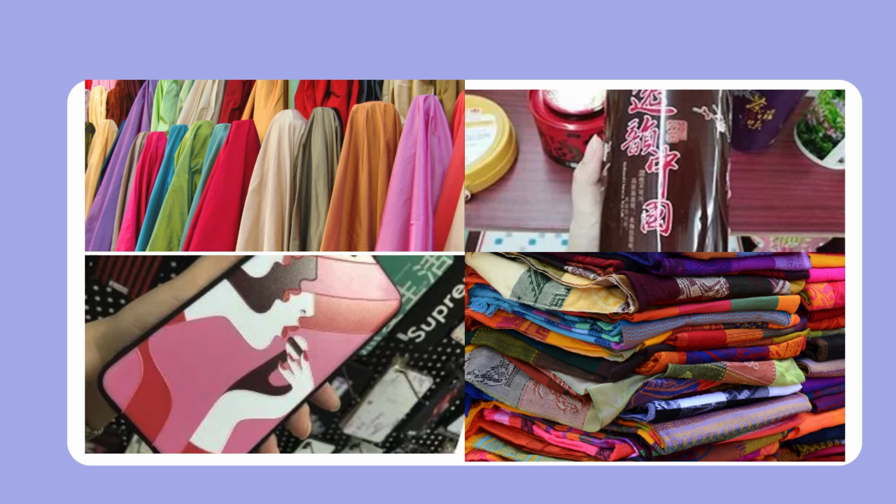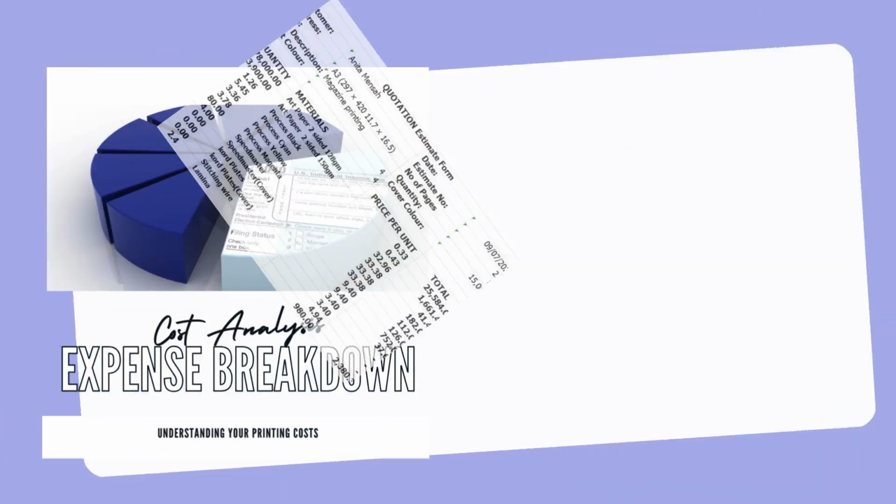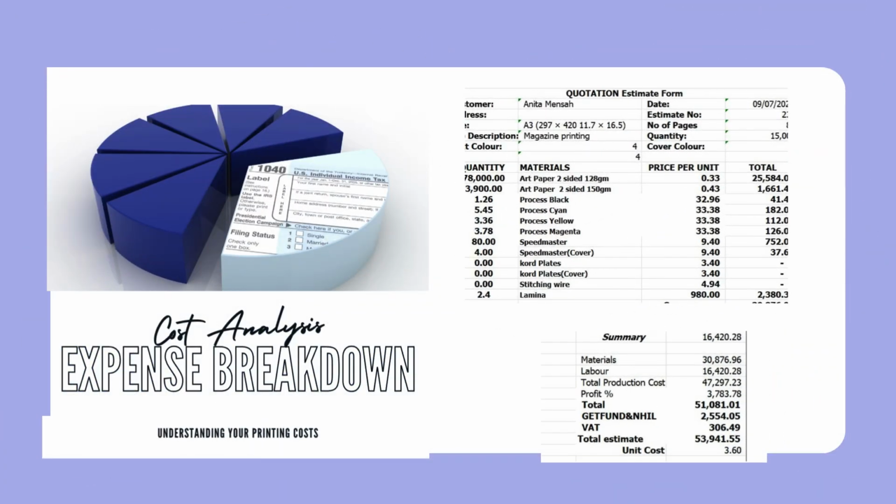Now let's look at the expenses and the breakdown. Manually, it is difficult. However, the estimating software calculates costs for printing on all the substrates we have discussed so far, including material costs like paper, ink, and toner, print quality for high resolution images, finishing expenses for binding, labor costs, and shipping.